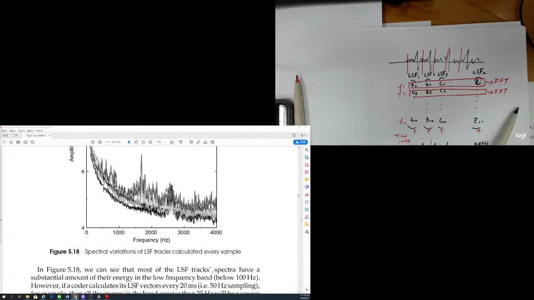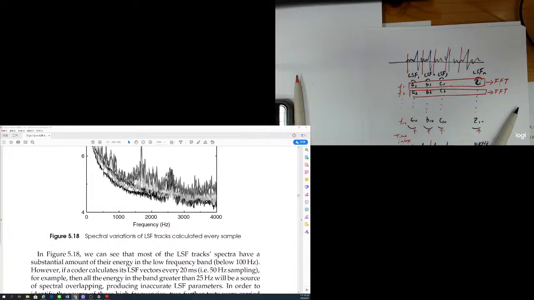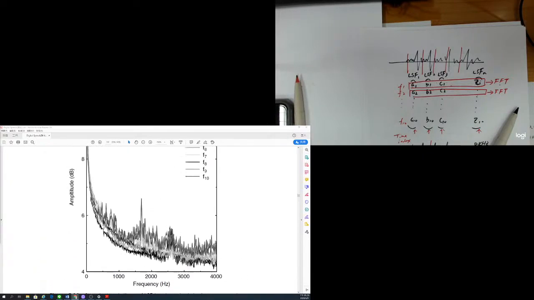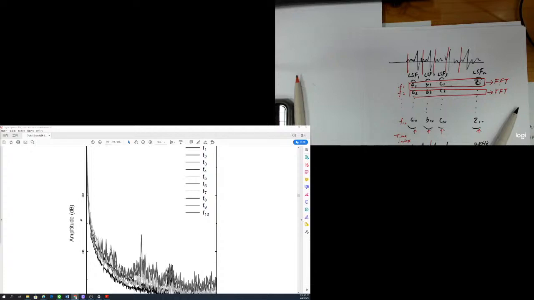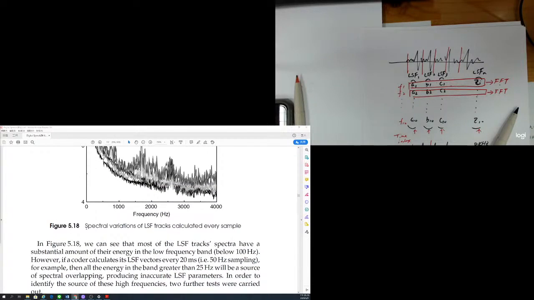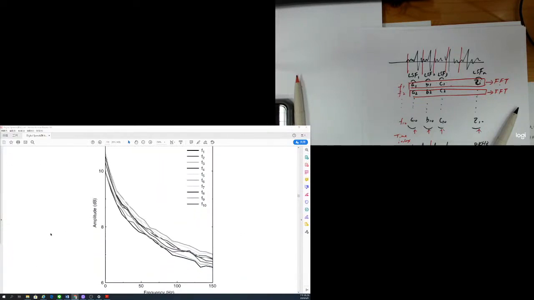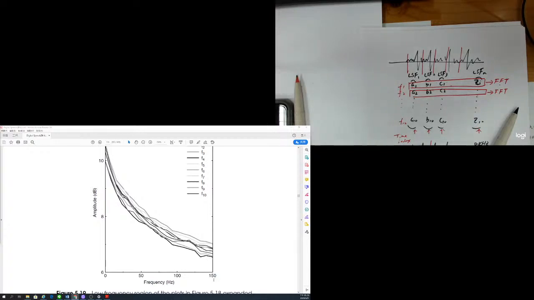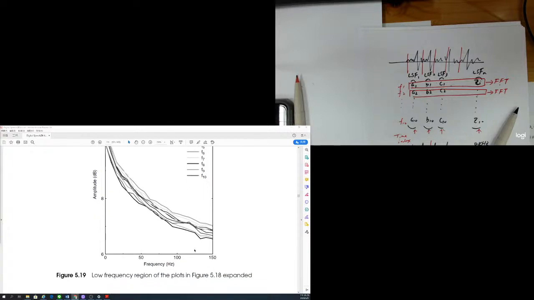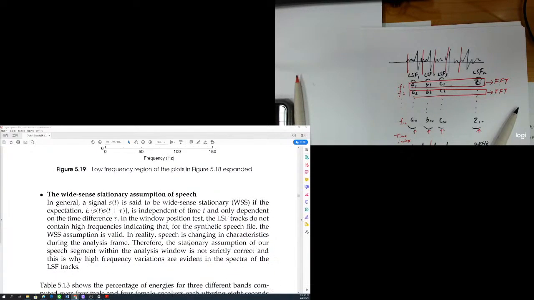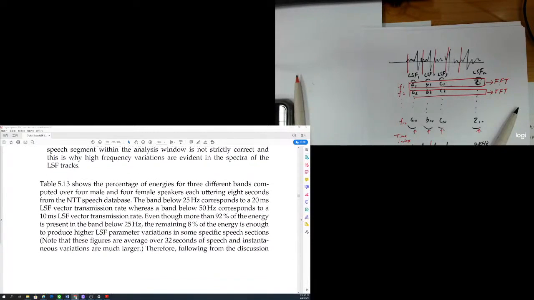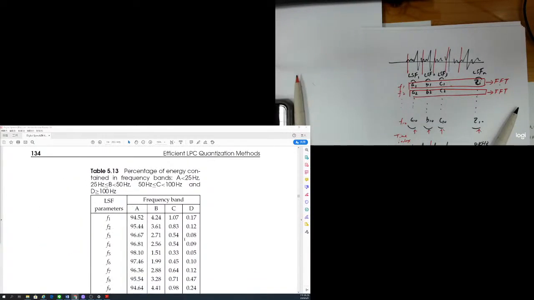You can see they have a lot of high frequency variation, but the value is very low. The corresponding value at low frequency is also very low. If we look for low frequency, only 150 hertz, you can see the information at high frequency becomes lower.